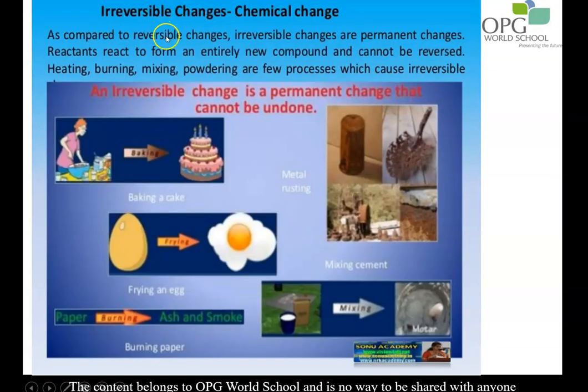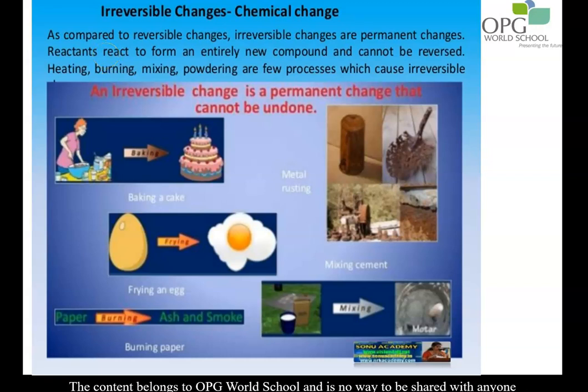Irreversible changes are permanent changes. So whenever a new substance is formed and it cannot be reversed to form the original substances, like when we heat or burn something, we will release some gases and ash will be formed.